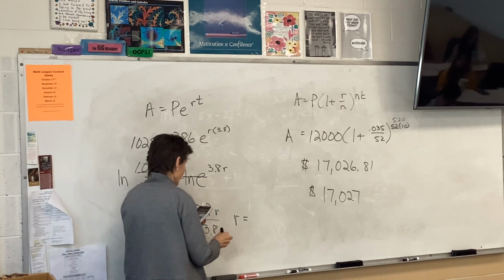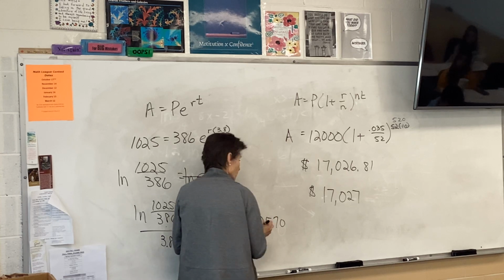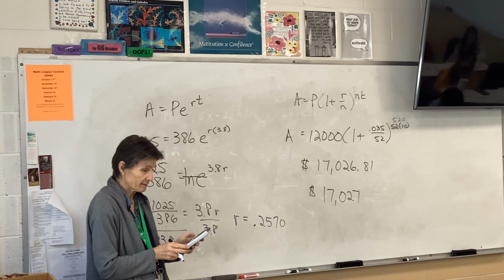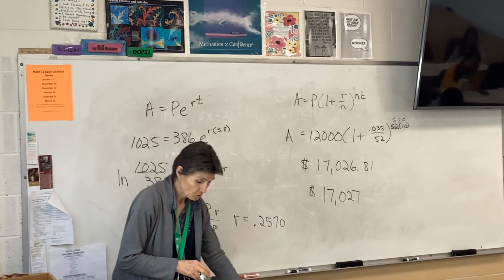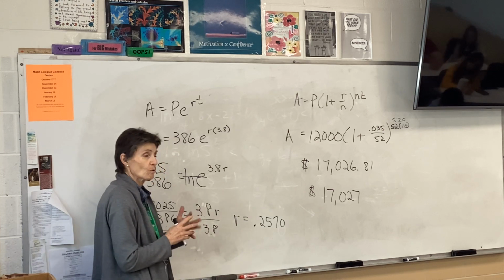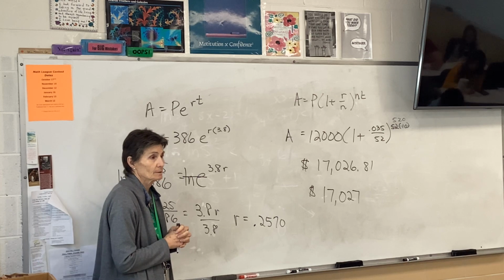And I came up with 0.2570. Anybody else get that? You don't? And it says, what's the growth constant? That would be fine right there. That's it. That's the growth constant.